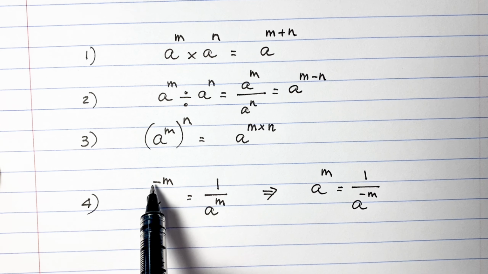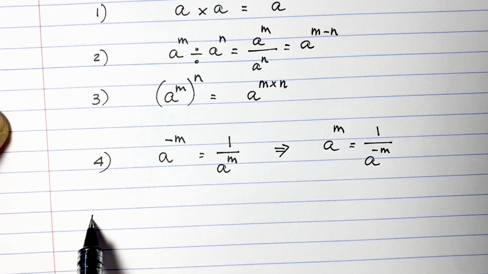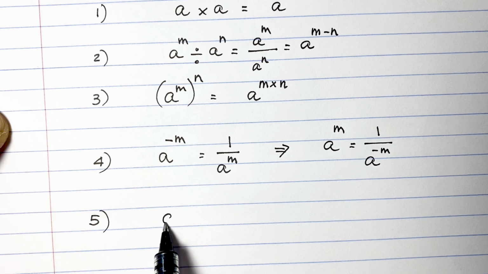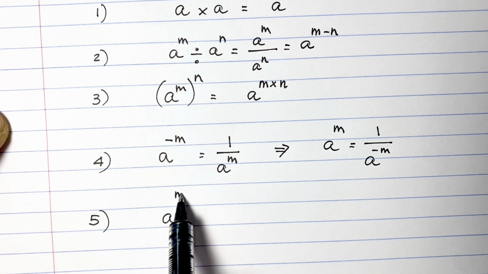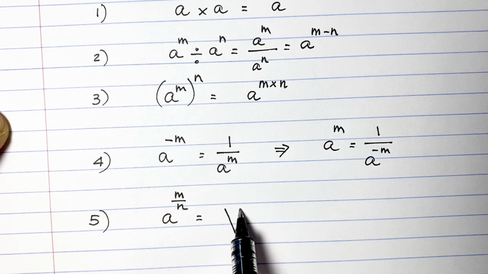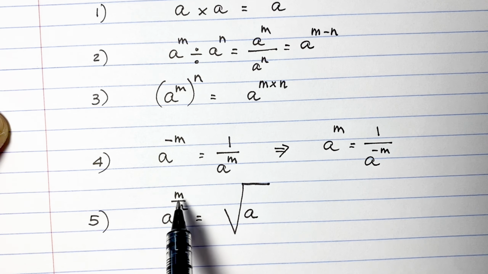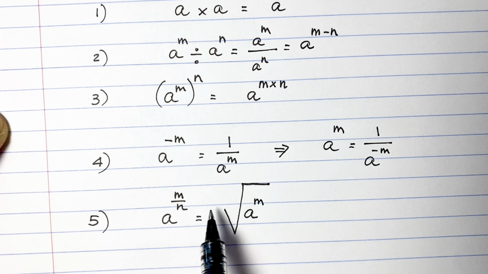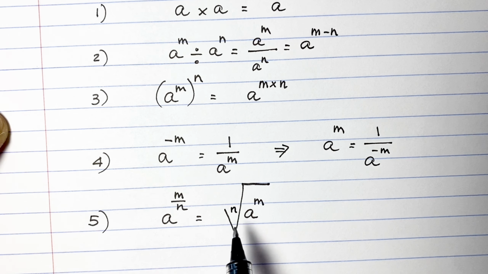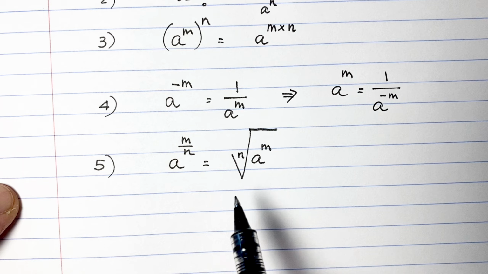So to change the sign of the power costs you 1 over. Law number 5, a to the power of a fractional power would be written as base goes here, m here, and n goes in here. These are the 5 rules.